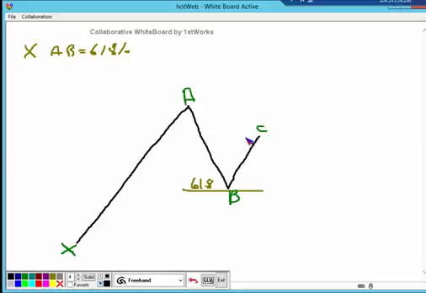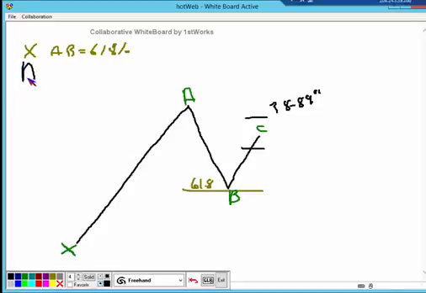And right here, this zone here, it's a 38 to 89% retracement.